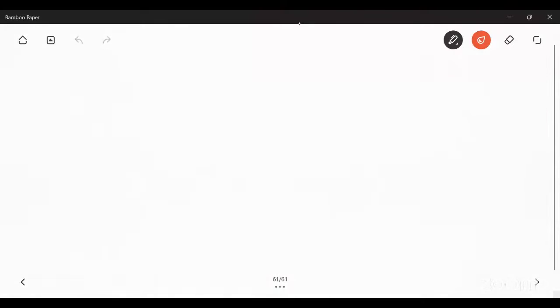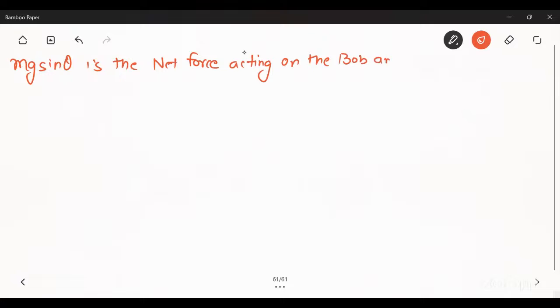Now mg sin theta is the net force acting on the bob, and tends to bring it back to its mean position.